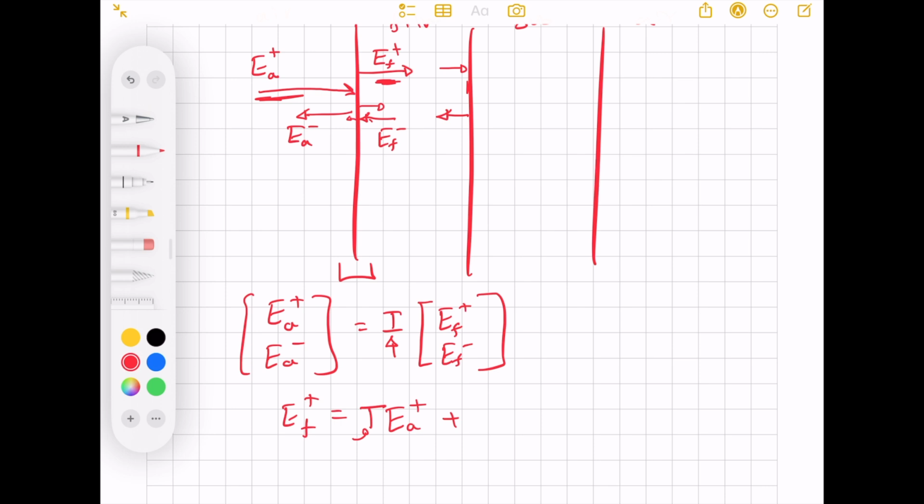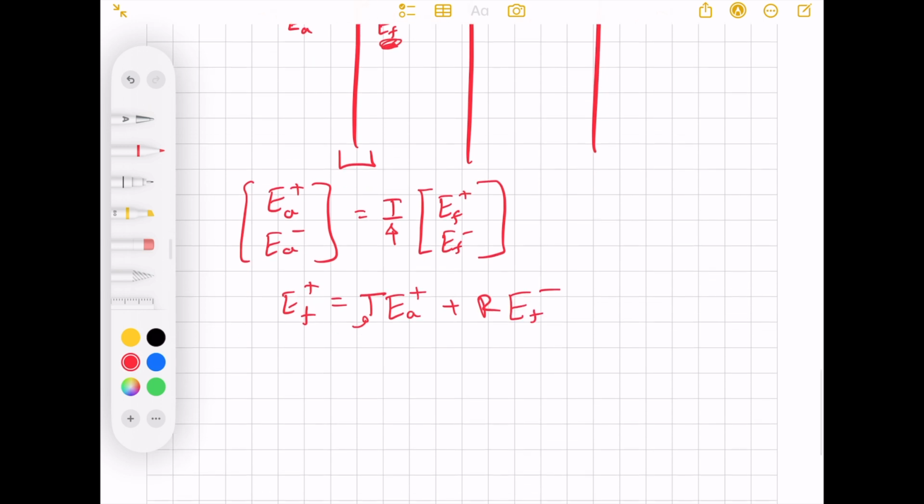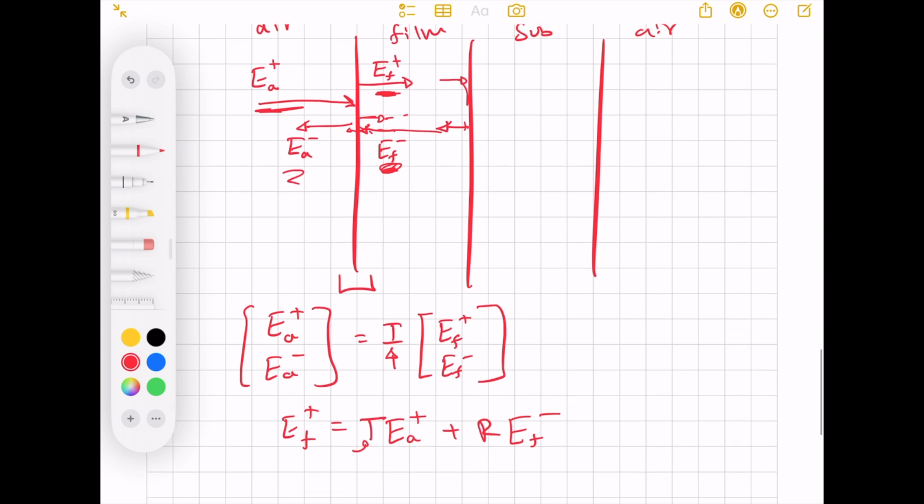we said that some of this light gets reflected, so the E F minus gets reflected back, and then comes here, gets reflected back again. So it's going to be a reflection coefficient, again from the Fresnel equations, times E F minus. And we can do the same thing for this one right here.